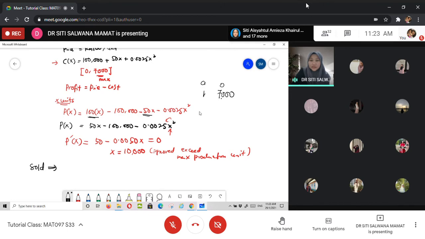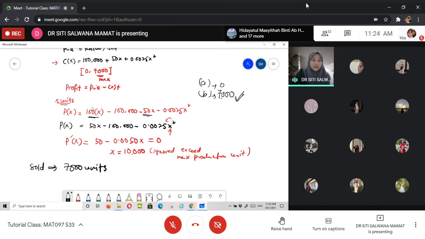This is A and then this is B. So kita find the value for P, profit at critical, at end of interval. So kita nak maximize, tadi dia kata apa? Dia nak maximize profit kan? Which mean kita ambil ni lah, 7,000. So kita akan jual 7,000 unit.